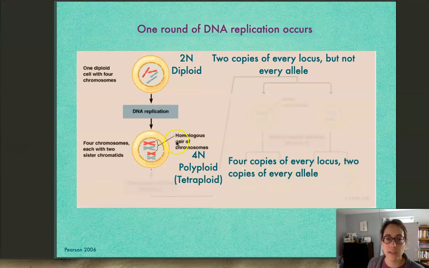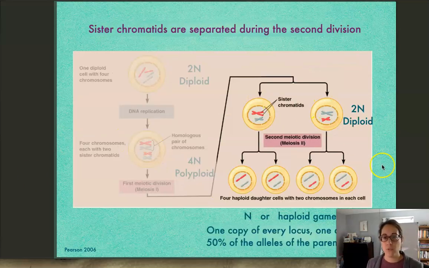Then when we go here, we have a 4N cell, because we've doubled the amount of DNA, the mass of DNA that we have, going from 2N through S phase into 4N. And then we eventually are going to have just N, or haploid, in the resulting daughter cells.